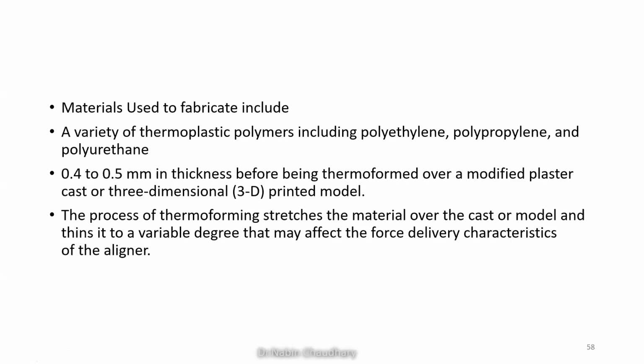The thickness of this aligner material is generally 0.4 to 0.5 mm before being thermoformed over the stereolithographic model. When this plastic material is thermoformed over the model, its thickness is further reduced, and this final thickness may affect the posterior characteristics of the aligner.